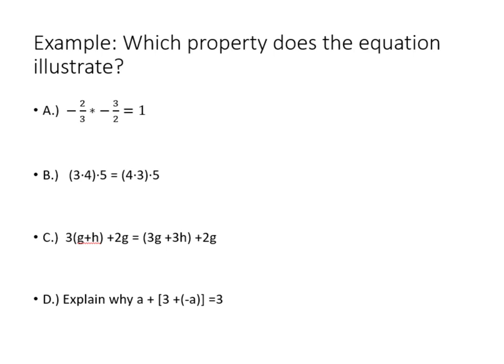For A, it says negative 2/3 times negative 3/2 equals 1. Since we're getting rid of the number, this is the inverse property, and since we're multiplying here, it's the inverse property of multiplication.